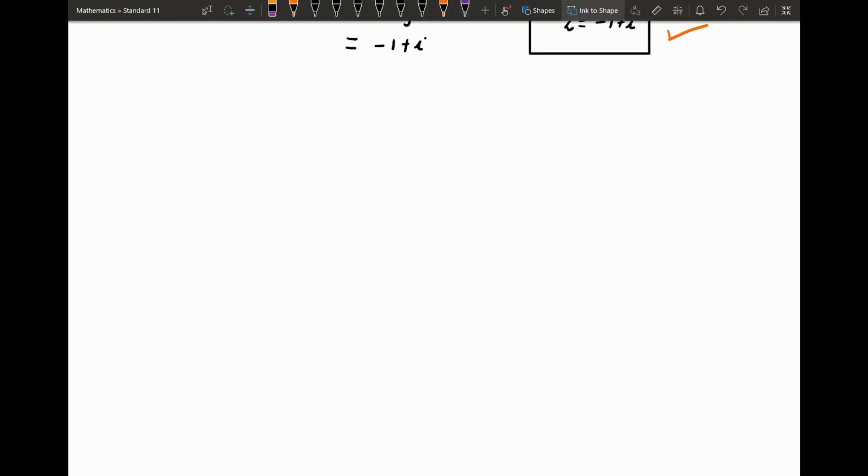Fifth one. Solve each of the following equations. Solve the equation 3x square minus 4x plus 20 by 3 equal to 0.